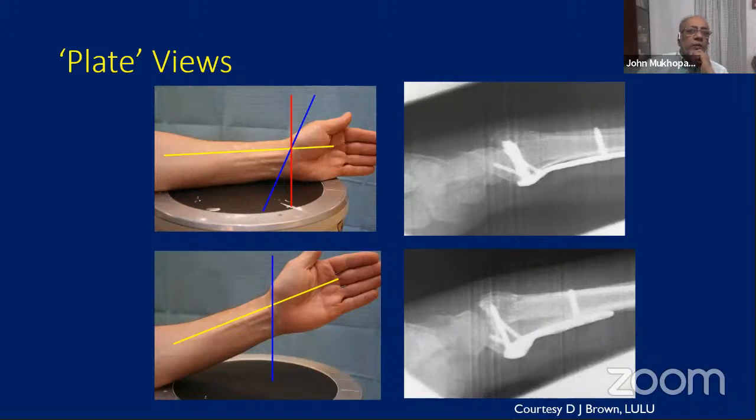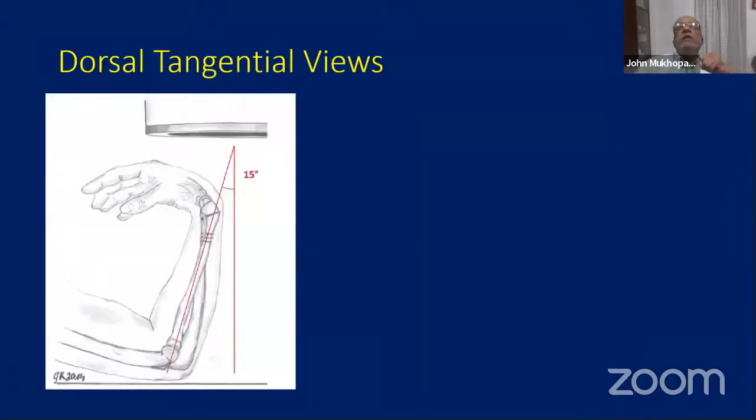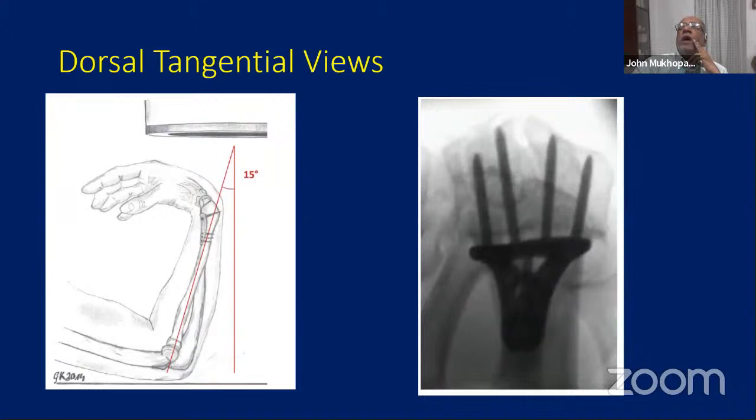The other important view, especially with the locking plates, is the tangential view, which you take with the wrist in this position. It's a dorsal tangential view, and this is important to know the length of the screws. The reason is that when you do the lateral view, you have the projection of bone here, and this may mask the fact that screws can be outside the cortex, but the lateral view will show that it's within the cortex because there's a projection of the dorsal rim of the distal radius.